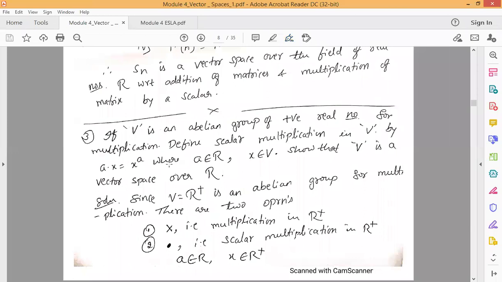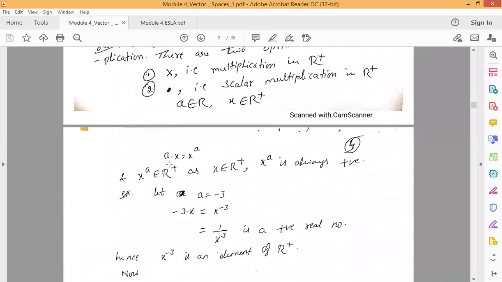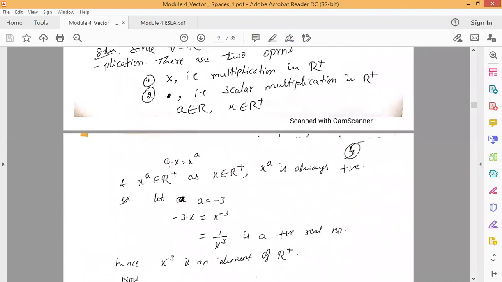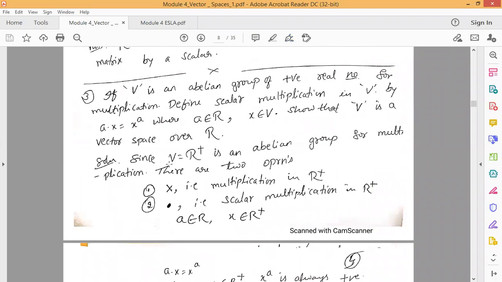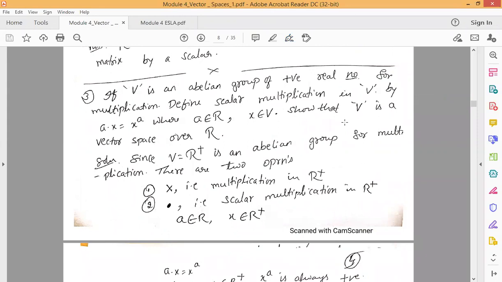Here we have to verify the similar properties for this also. Here it is given that a belongs to the real numbers and x belongs to the vector space. Given this, we are asked to show V is a vector space over the real numbers R.